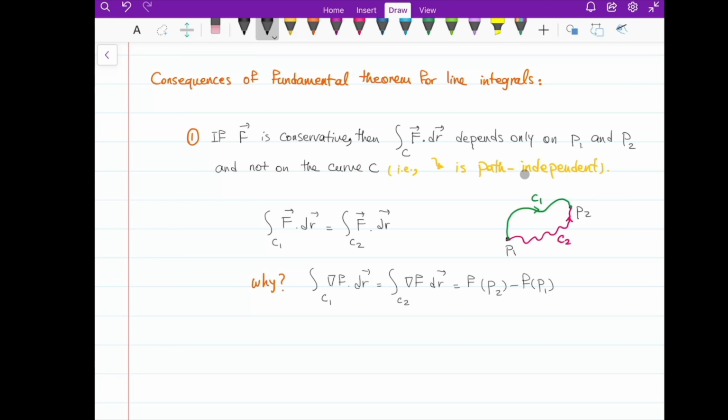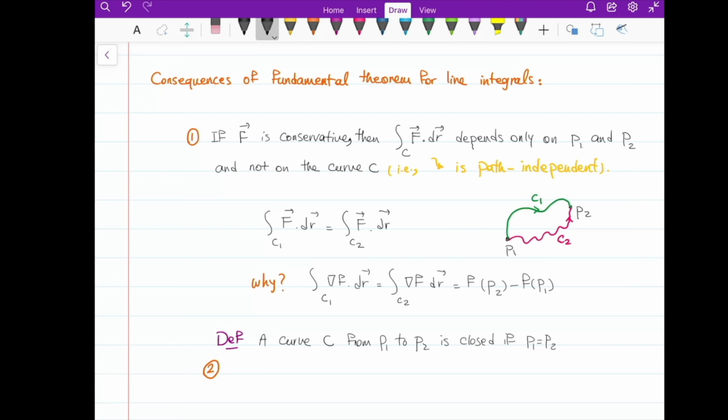Okay, for the consequence 2, I need to give you just one small definition, and the definition is this: a curve C from P1 to P2 is closed if the beginning and end points are the same.